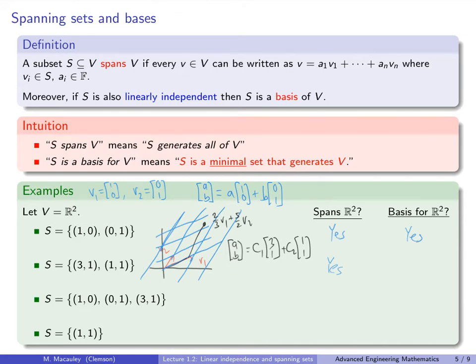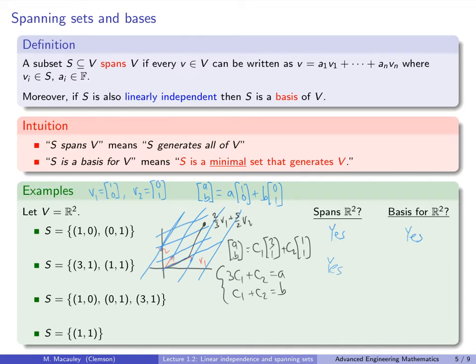This just says, can you solve the following system of equations? 3c1 plus c2 equals a, and c1 plus c2 equals b. For any fixed a and b, you can always find a c1 and c2 that make this work. So yes, this spans R2.